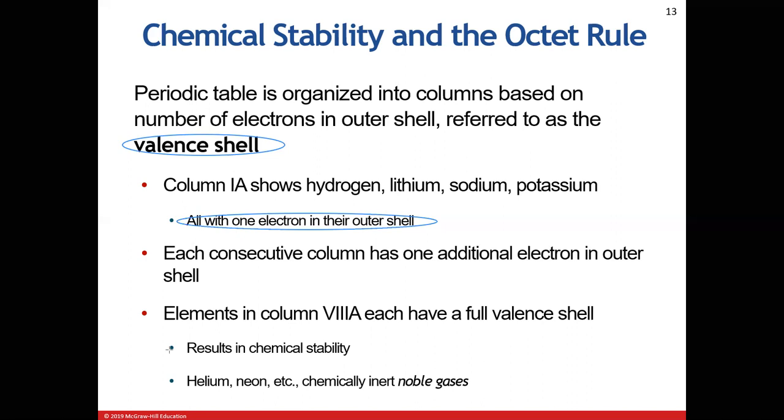And when you have a full valence shell, you basically have what we consider chemical stability, okay? Because every element is always trying to fill its valence shell. And so some of these in that right-hand column, column 8A, helium, neon, these are chemically inert noble gases, meaning they are full, they really don't react with anything, okay?